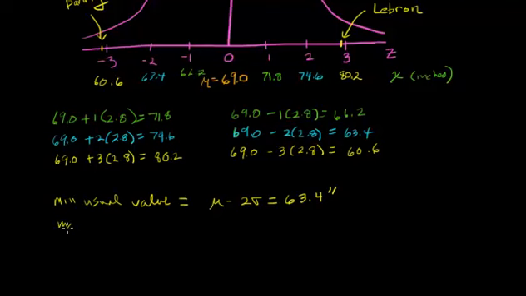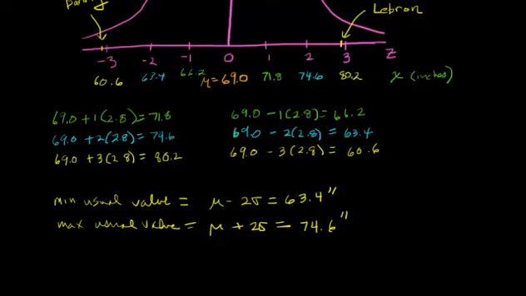And the max usual height for adult males would be the mean plus 2 standard deviations, and we saw where that was: 74.6. So looking at this criteria, we could say that LeBron James at 80 inches is above the maximum usual height, so his height is unusual. And looking at Danny DeVito at 60 inches, which is below the minimum usual value, we would also conclude that his height is unusual.